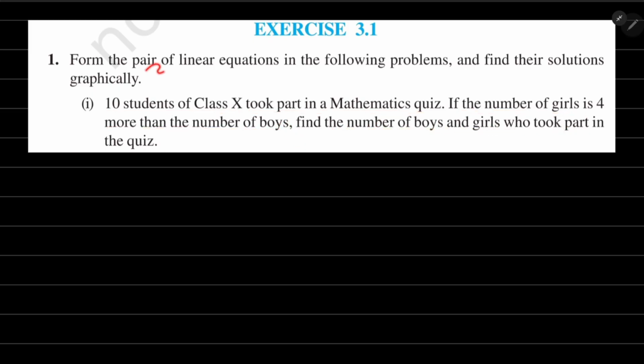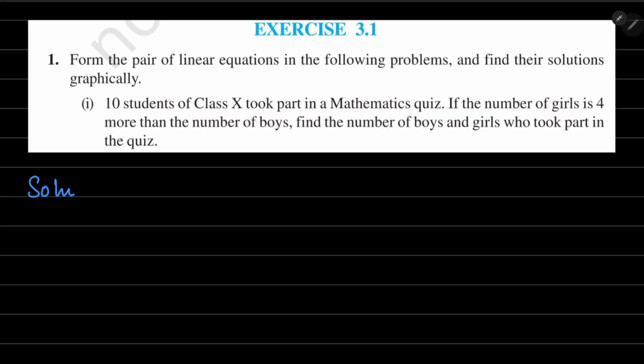So you have to form a pair of linear equations. Whenever you have linear equations, you will have variables in them, and in our syllabus you have two variables. So whatever you have to find, that is the number of boys and the number of girls, you have to take as a variable. So let's get started.